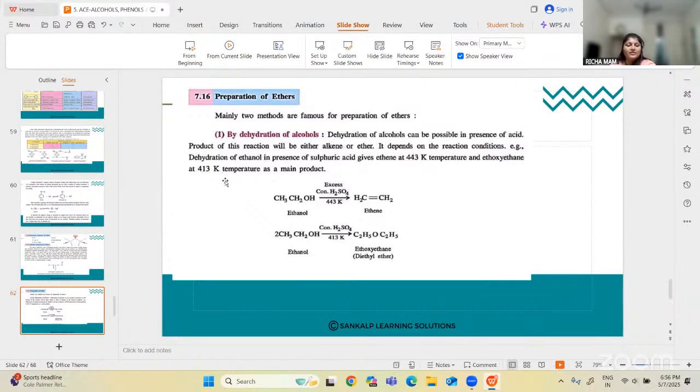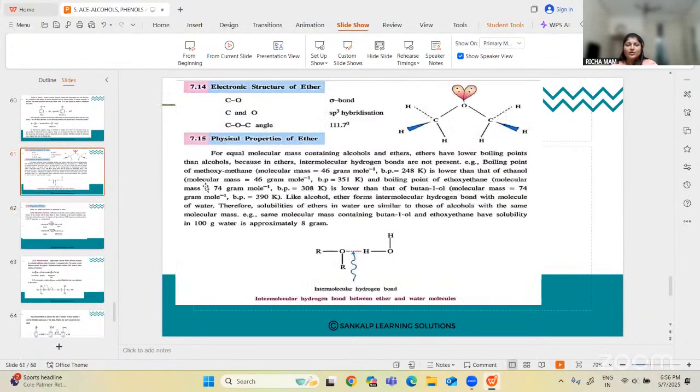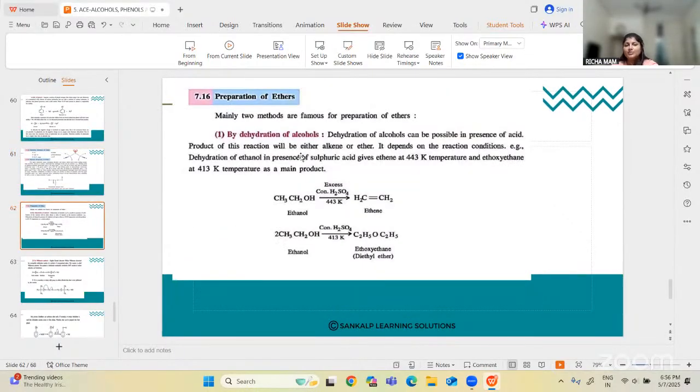Then we have seen the reaction of phenol with zinc dust to give benzene. Then we have seen oxidation of phenol also. Then we have seen ethers: the electronic structure of ethers, physical properties of ethers, classification of ethers, how to name the compounds, and the IUPAC nomenclature for ethers.